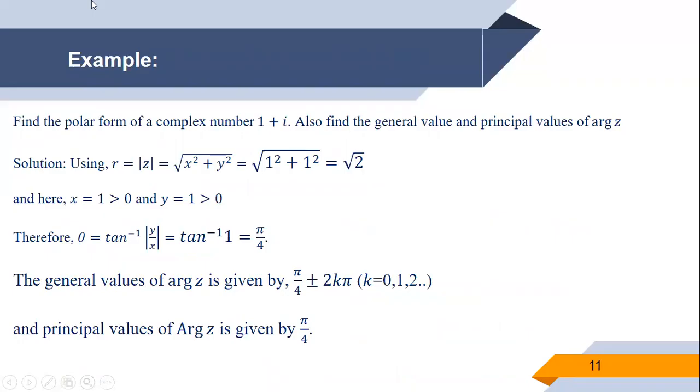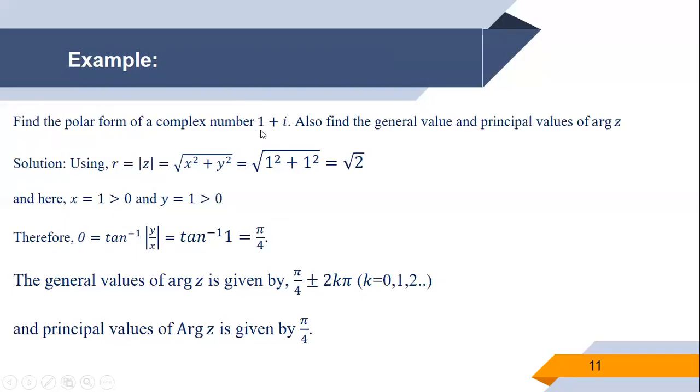Example: find the polar form of the complex number 1 plus i. Also find the general value and principal value of the argument of z. Here first we find r and theta. First we find the value of x and the value of y.